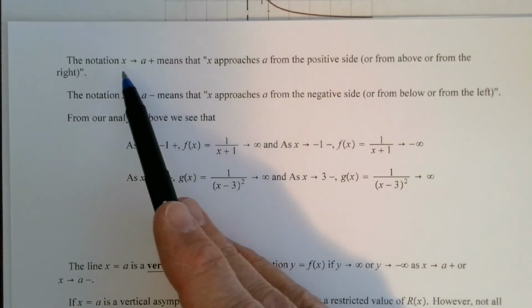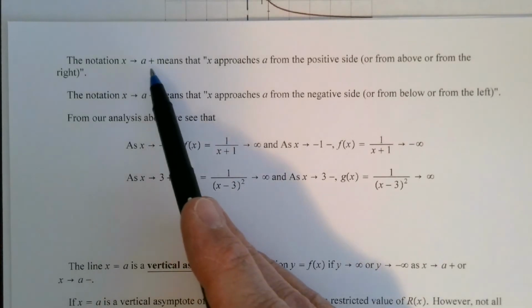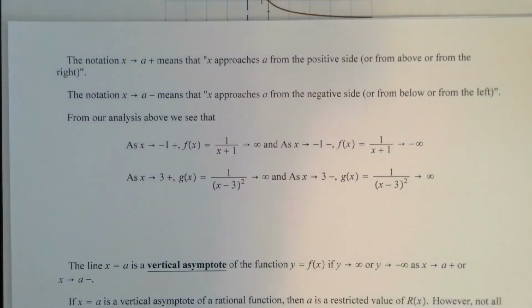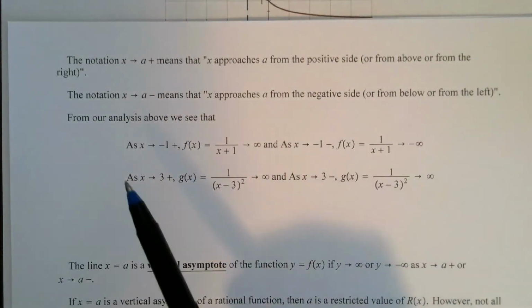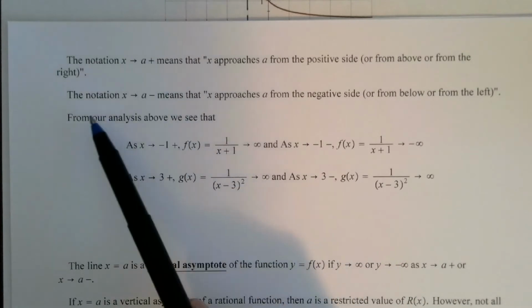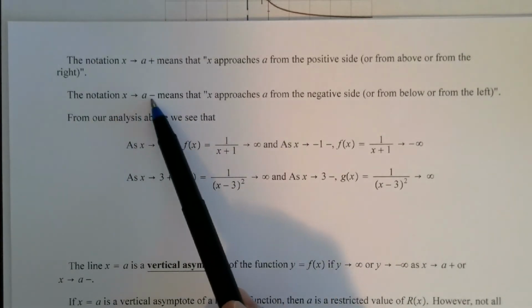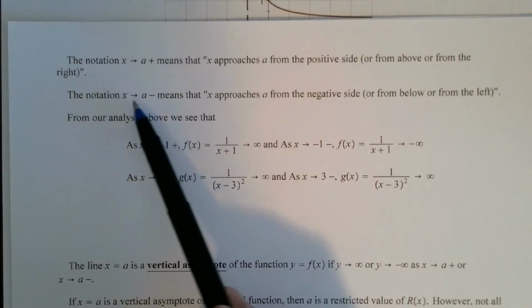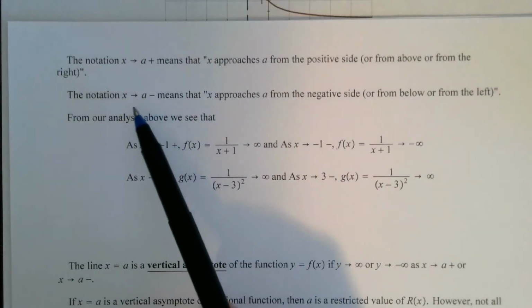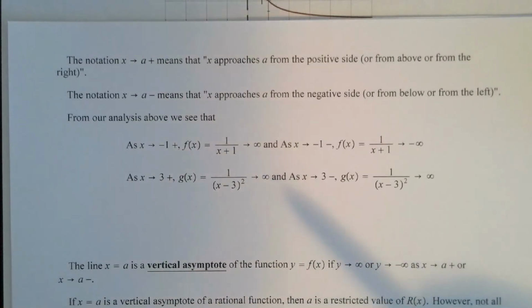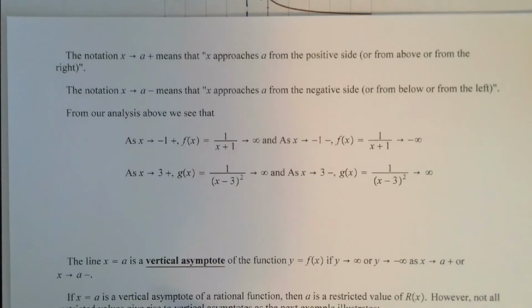This says as x approaches a from the positive side, from above or from the right. And you remember my calculator, when I was plugging in numbers greater than -1, I was approaching -1 from the positive side. As x approaches a from the negative side, this is the way we write that. So when I was approaching -1 from below, like -2, -1.5, -1.1, and so on.